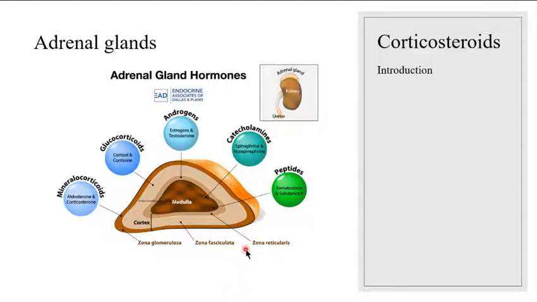Below zona fasciculata you have zona reticularis that produces androgens, among those testosterone, and the next is estrogen. Below the cortex you have the medulla, it's different.